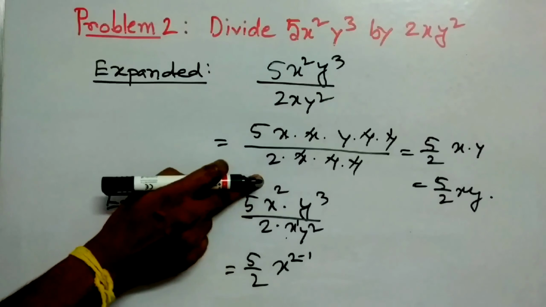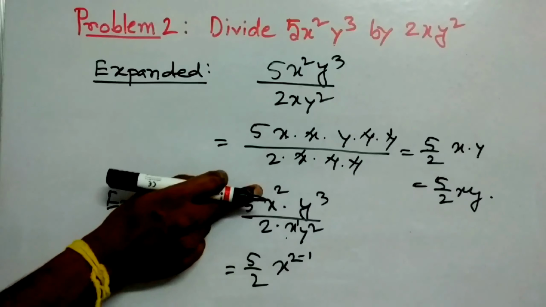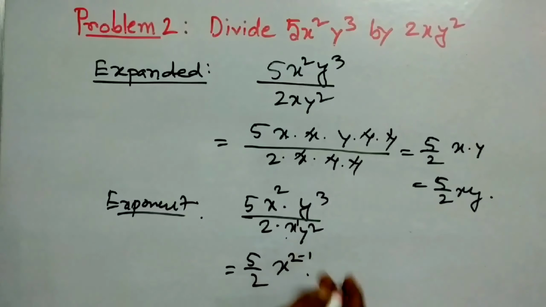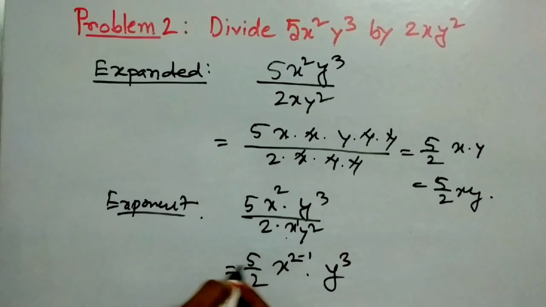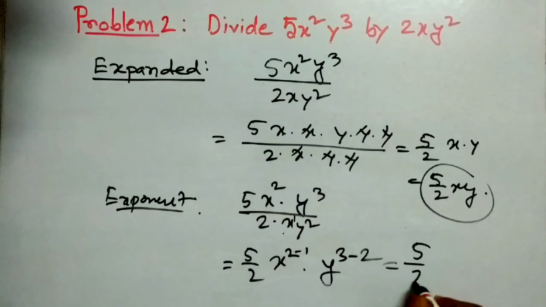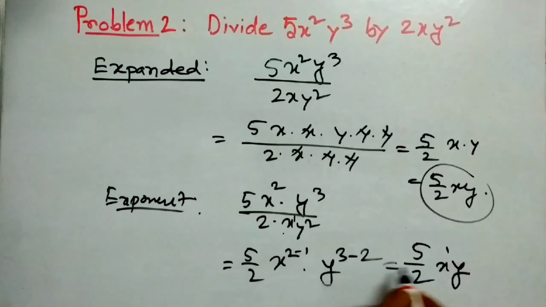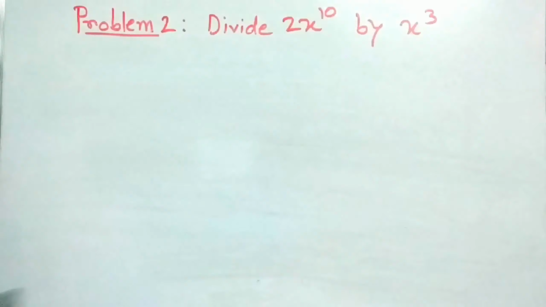The power of x in the numerator will subtract the power of x in the denominator. Similarly, the power of y in the numerator, that is 3, will subtract the power of y in the denominator, that is 2. That equals 5 by 2 x y, because 2 minus 1 is 1, 3 minus 2 is 1.